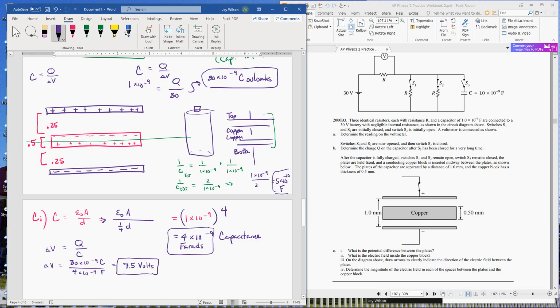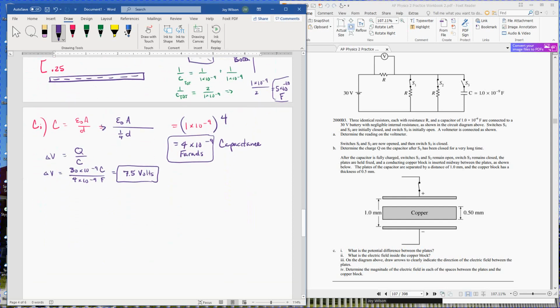Okay, what is the electric field inside the copper block? C, part II. How are we going to do electric field inside a capacitor? Well, we're going to do just what we did a minute ago. Electric field is KQ source divided by R squared. So K is 9 times 10 to the 9th.